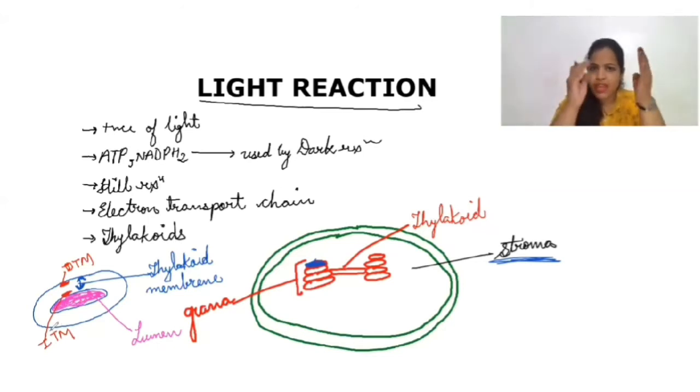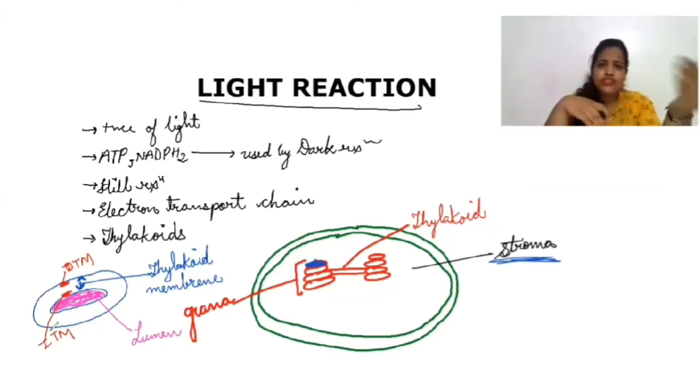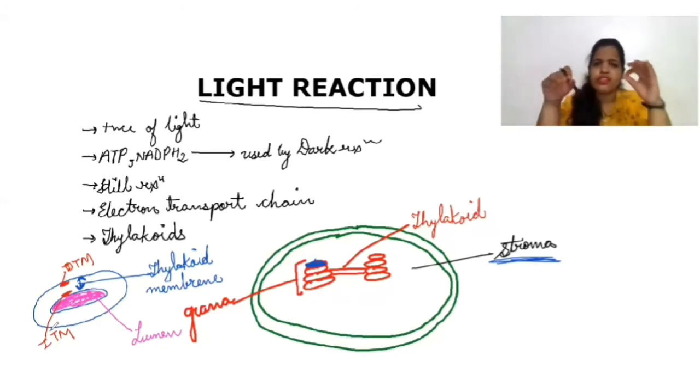So this is one main point which you need to remember about the structure of a thylakoid, because when we will study the two types of light reaction, we'll definitely talk about the inner part, lumen, thylakoid membrane, stroma, everything. Because from that part, important questions are framed, and a number of times they are asked in the exams. Clear? So this is about the structure of the thylakoid, where this light reaction will take place.